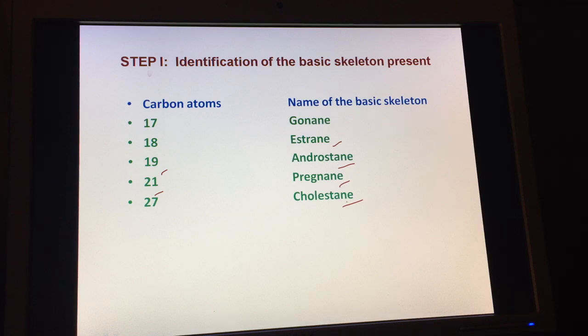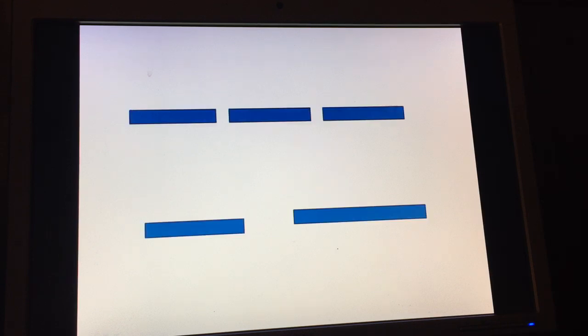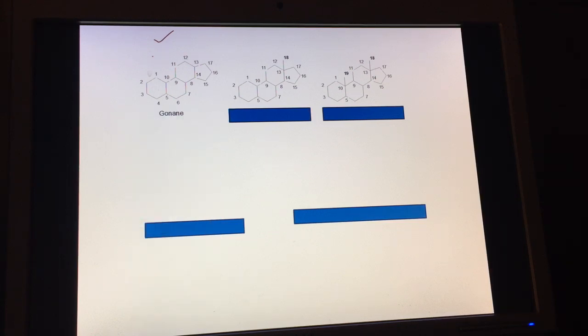Now if you look at the structure of these and the numbering system, in structure number 1 the numbering goes like this: 1 2 3 4 5 6 7 8 9 10 11 12 13 14 15 16 17. So it contains 17 carbon atoms, and hence the name is gonane.